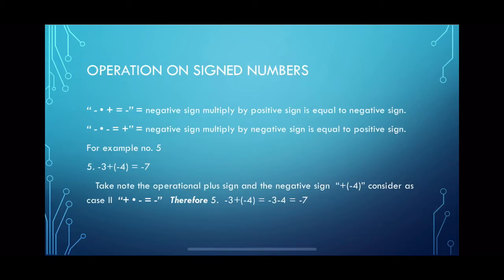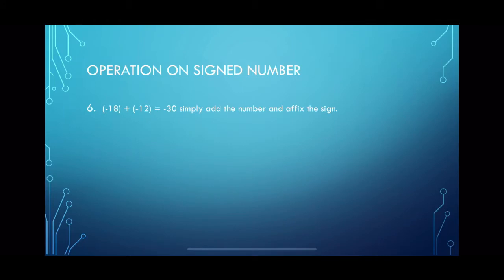So therefore, for number 5, negative 3 plus negative 4 can also be written as negative 3 minus 4 is equal to negative 7.